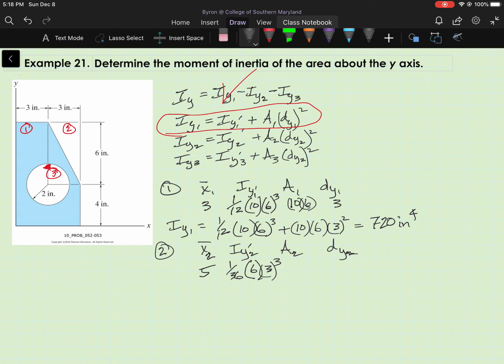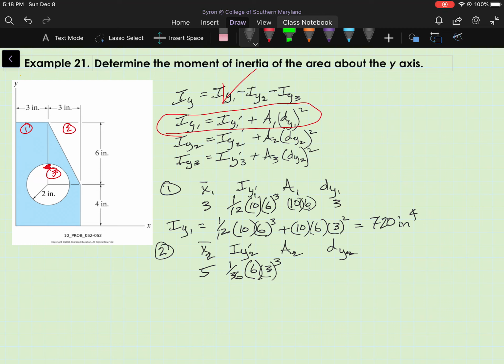Now, these can get a little tricky when you have to determine, depending on the orientation of the triangle, what is the base and what is the height. And I didn't mention it for the rectangle, but it's the same thing.